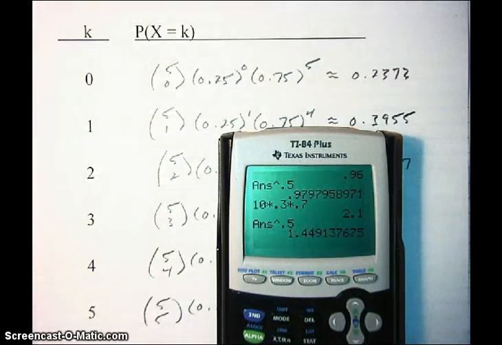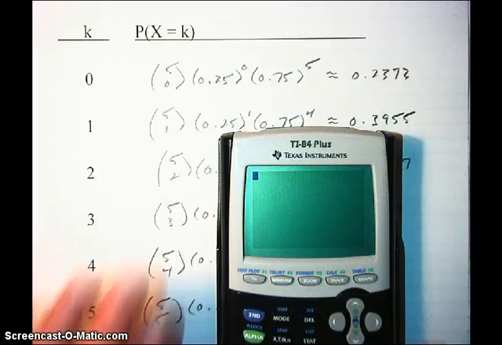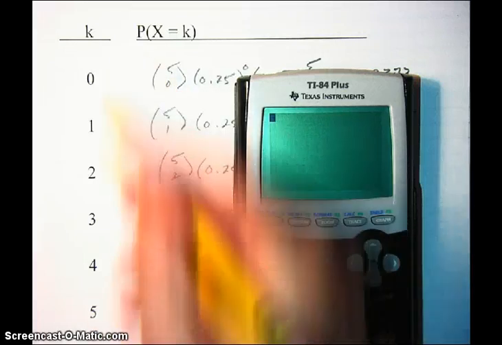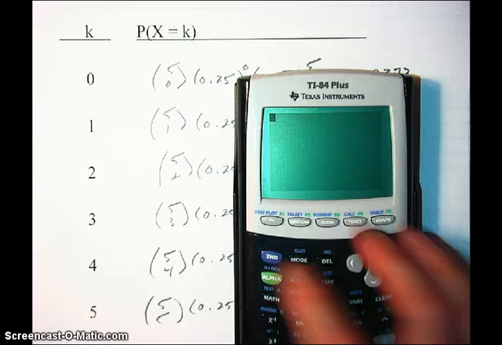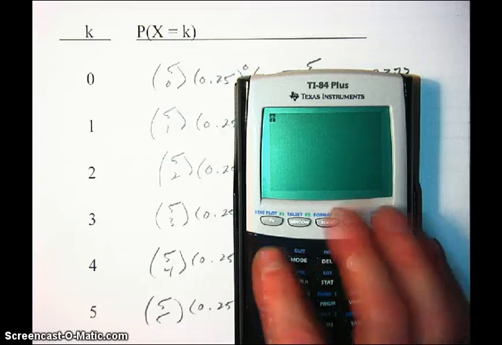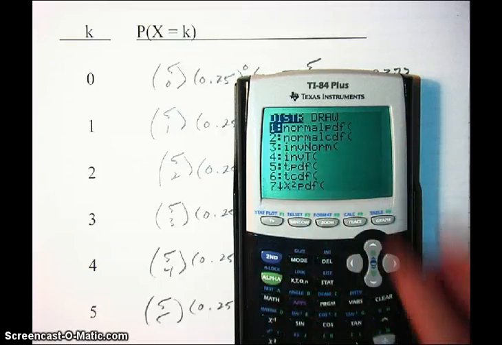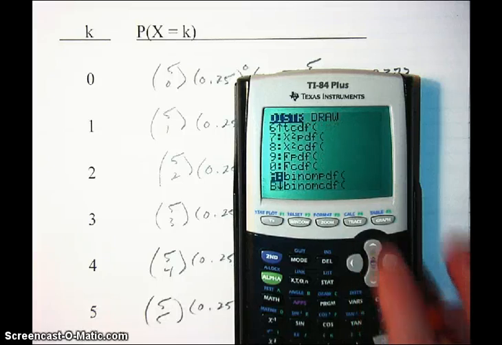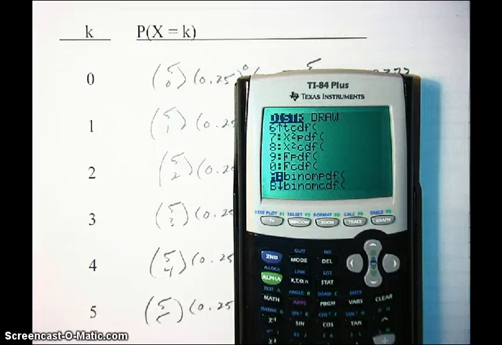Now you can calculate binomial probabilities on your calculator. If you want to calculate a probability of a particular outcome, such as in one of these situations, you can just go 2nd Vars and get into the distribution menu, and then scroll down to binomialpdf. This is in a different location depending on what kind of calculator you have, TI-83 or TI-84.